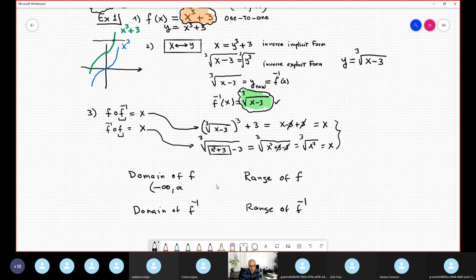The domain of the orange color is all real numbers, right? And the domain of this one, you say, well, professor, we have a root. What is a cubic root? When the index is an odd number, we have no problem. Let me explain why.